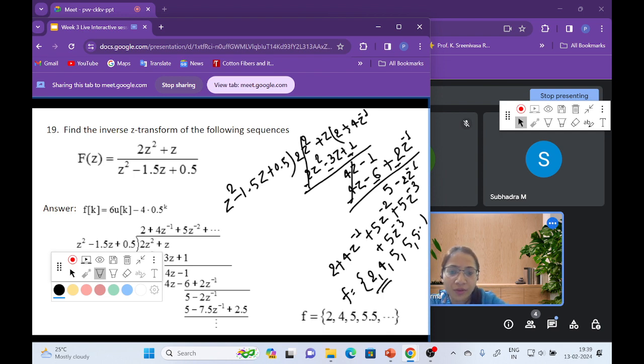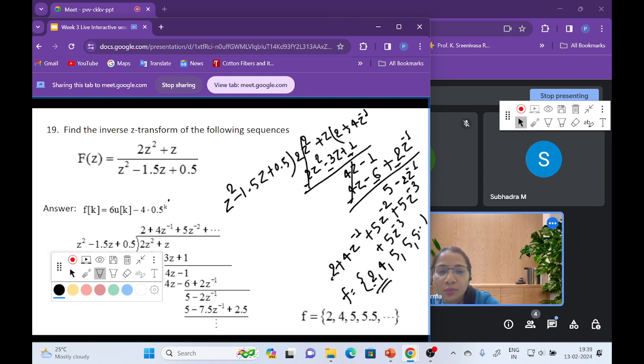First put k equal to 0: u of 0 is 1 and 0.5 power 0 is 1, so 6 minus 4 gives 2.